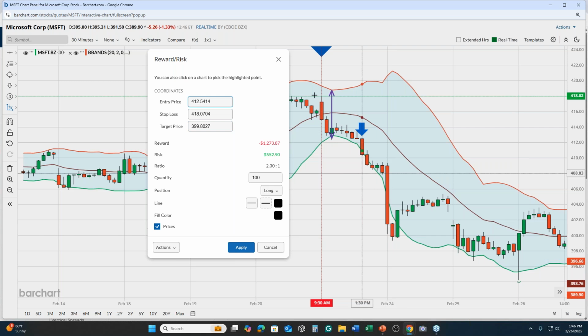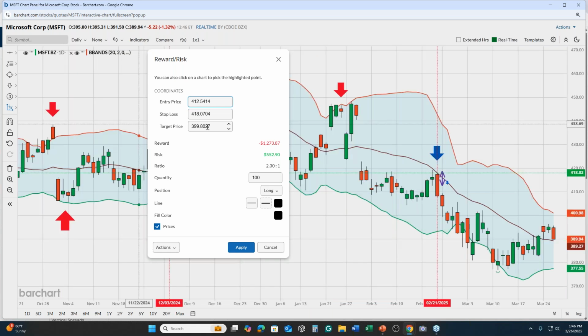Or I could change my time frame and set that at the outer band at the time of the execution. And in this case, that would have been a 3.73-to-1 trade. Okay.